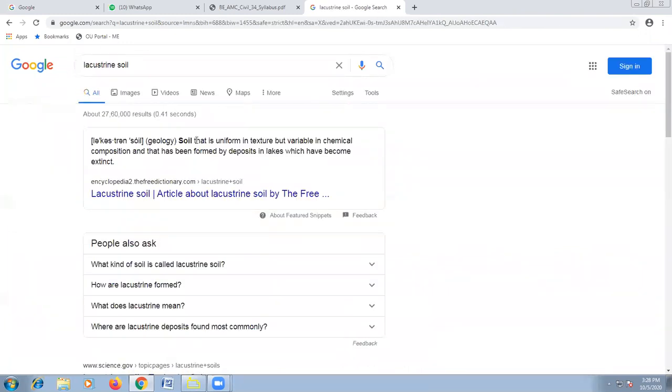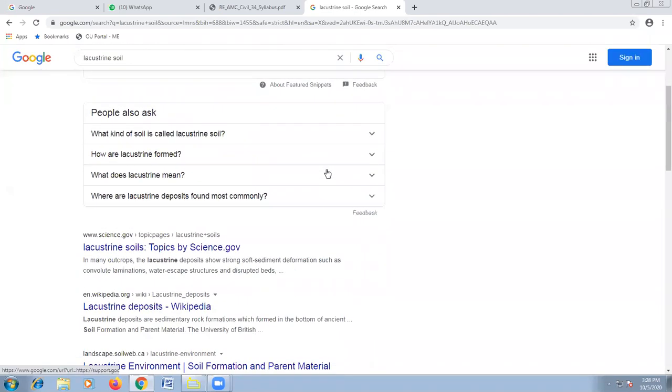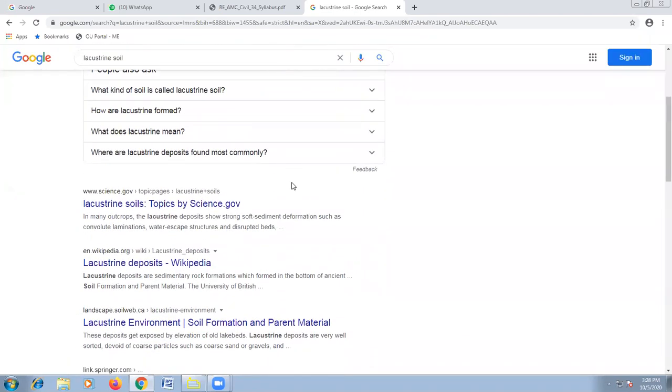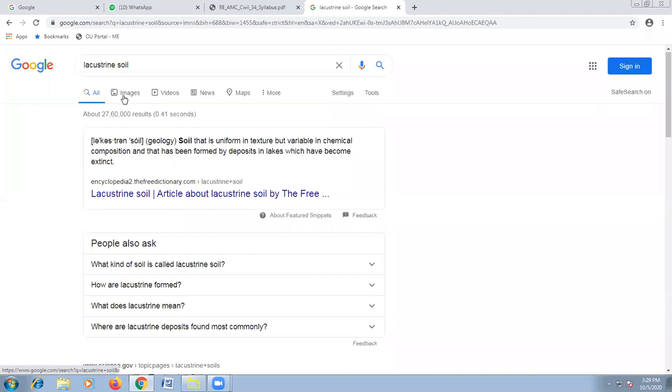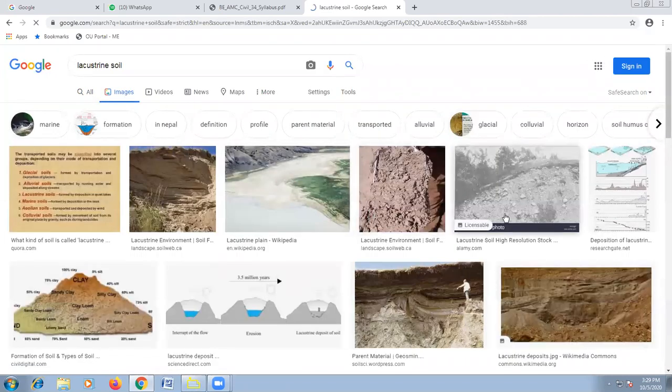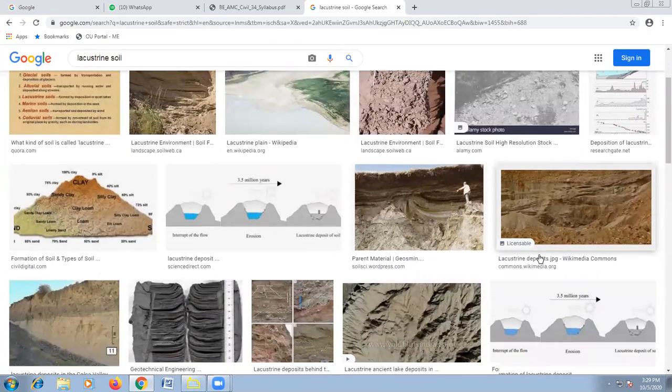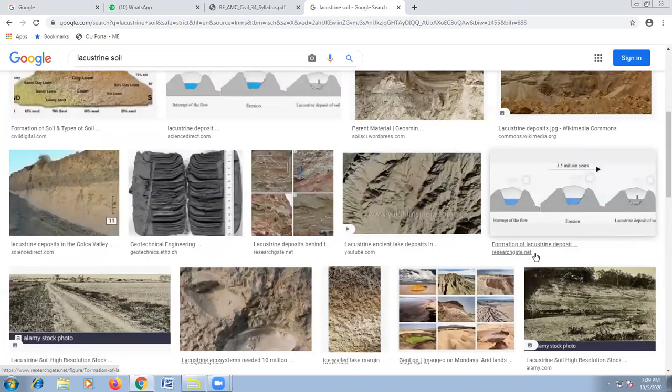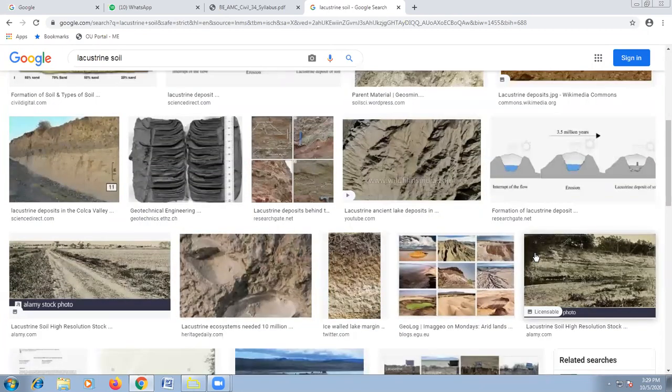So, what are these lacustrine soils? They are formed by accumulation of debris in bodies of standing water like lakes. If you have lakes and the soil particles accumulate in this standing water, then you have these lacustrine soils.